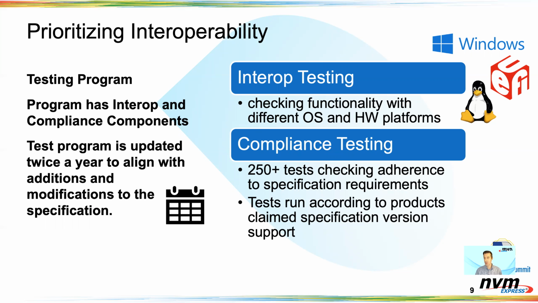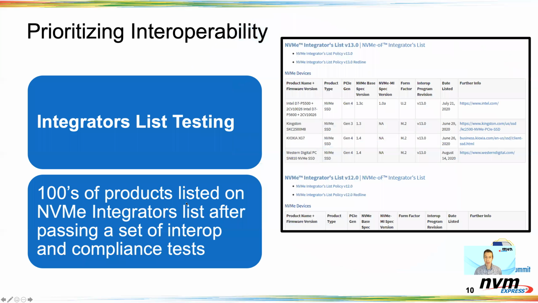The compliance makes sure that folks are following the specification, and then the interop check makes sure that at a fundamental level, those SSDs are functioning properly, that they're working, that there is interoperability. After we go through that process, we do have a public-facing integrators list for products that pass compliance and interop tests in order to provide some recognition to products that have proven that they are interoperable and compliant to the spec.